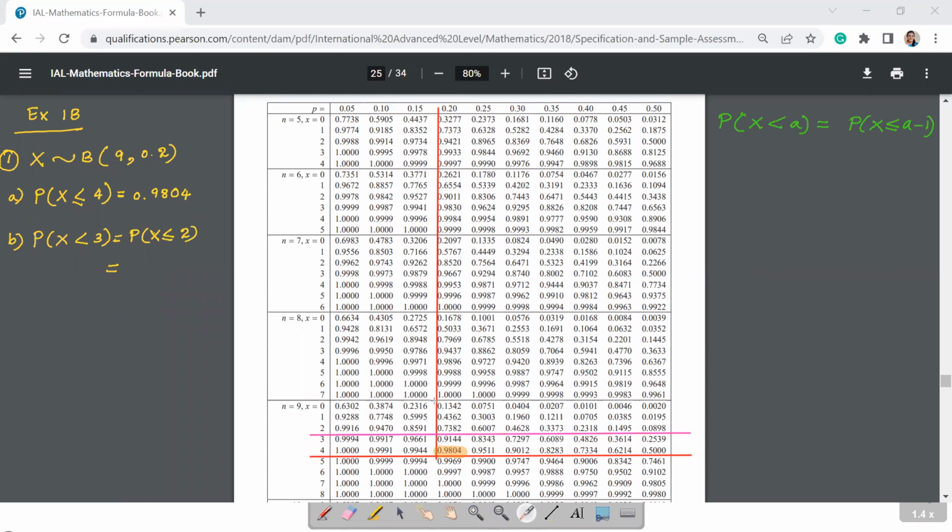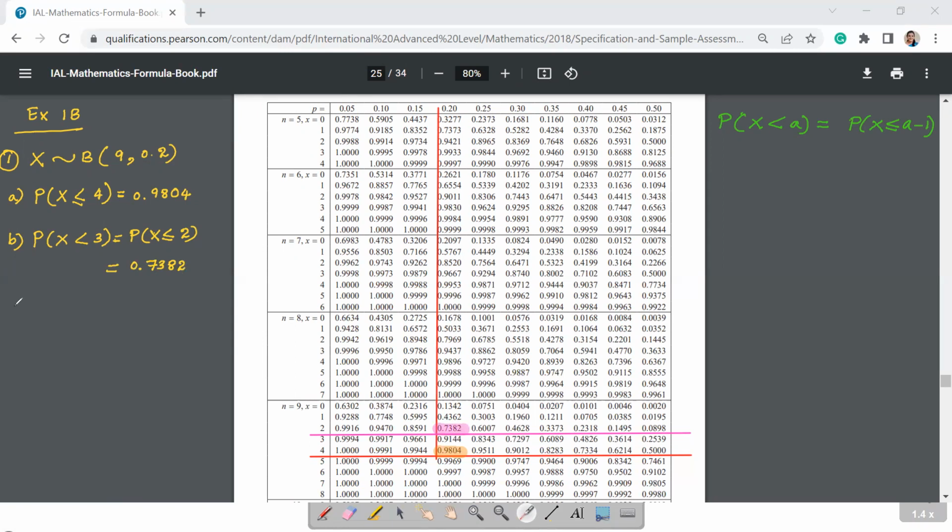So x is less than or equal to 2, and take the value under probability 0.2. The cumulative probability is 0.7382. Guys, can you see how it's done?